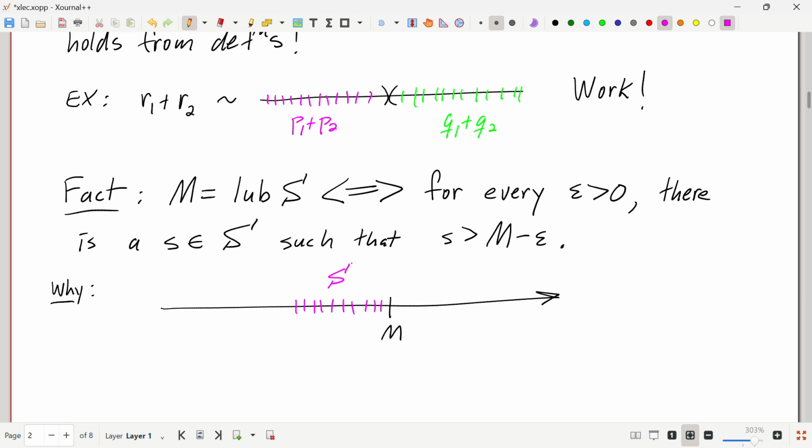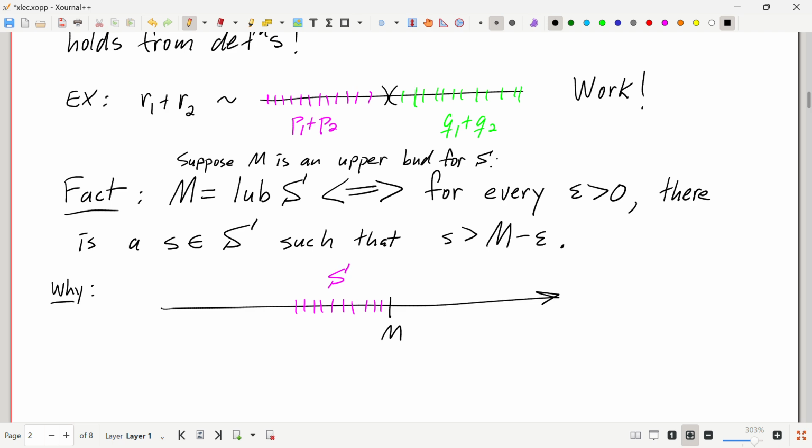Oh, let's see, I skipped something. Fact. Suppose, I should have supposed here, in addition to what I have, suppose M is an upper bound for S. Then M is the least upper bound if and only if that. So there's the picture.